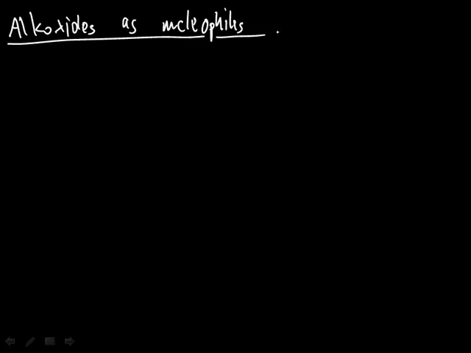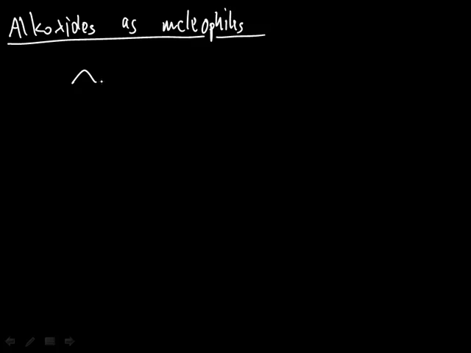In the final section of today's lecture, we will see how alkoxides act as nucleophiles. We have already seen a lot of these reactions, and this is really just a review.